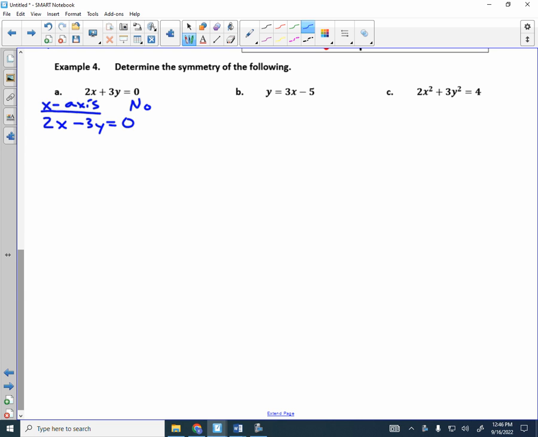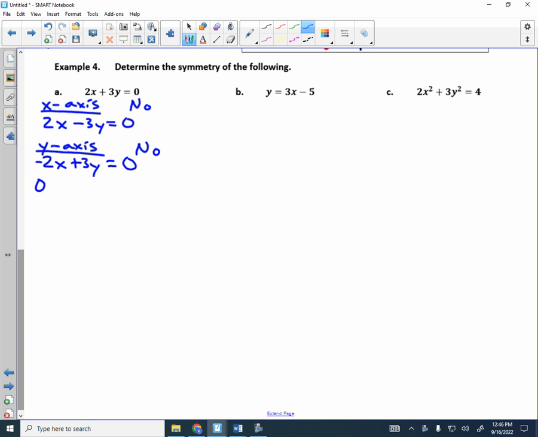What do I do to test the y-axis? I plug in a negative x. What will the equation look like? Negative 2x plus 3y is equal to 0. Is that the same? No.